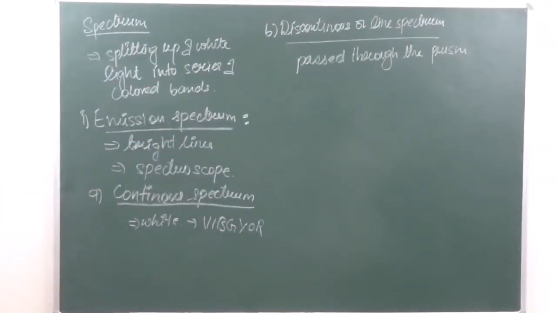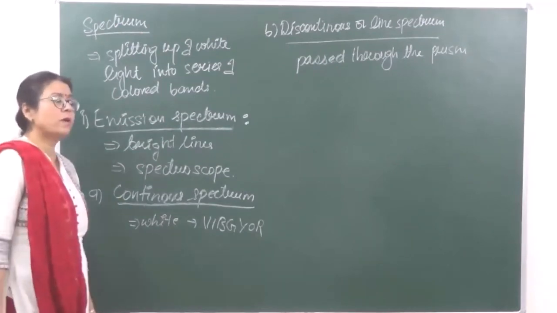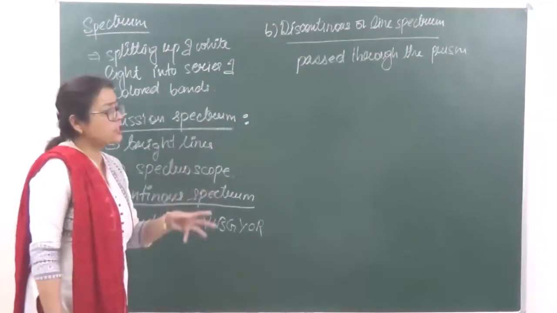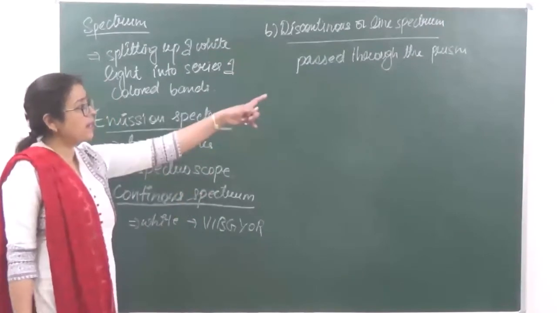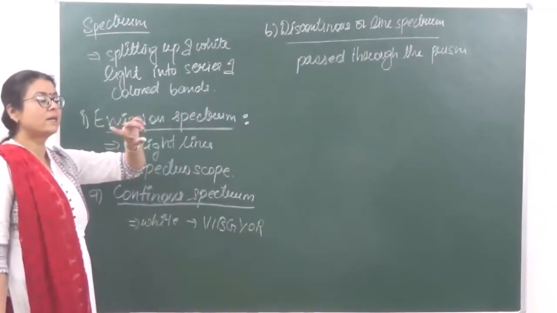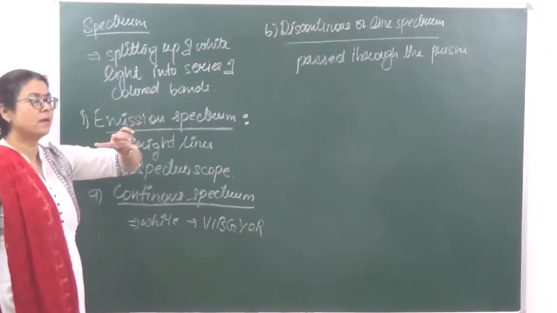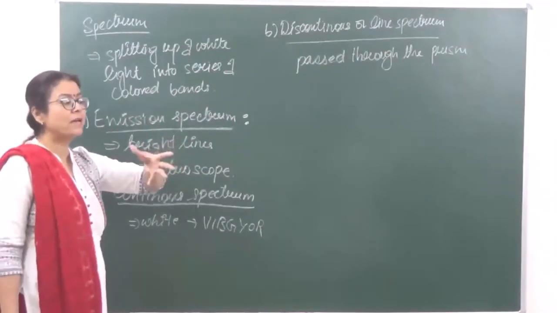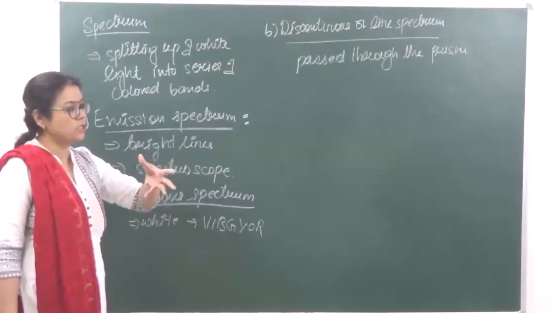These lines are mostly bright lines because it's an emission spectrum. So we observe bright lines in the visible region. For example, when we're talking of sodium, we take the vapors of sodium, and the radiations which they emit are passed through the prism. We see yellow lines at a wavelength of 580 to 589 nanometers, right?